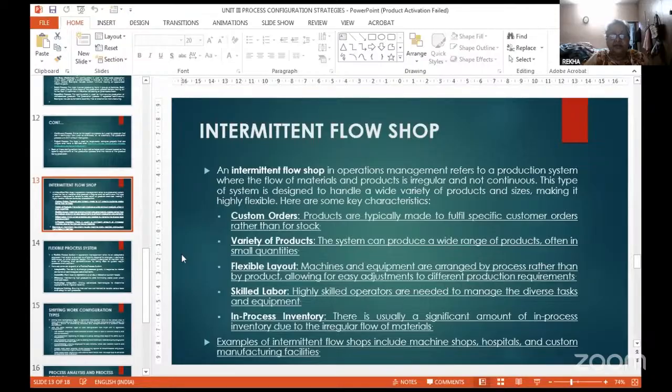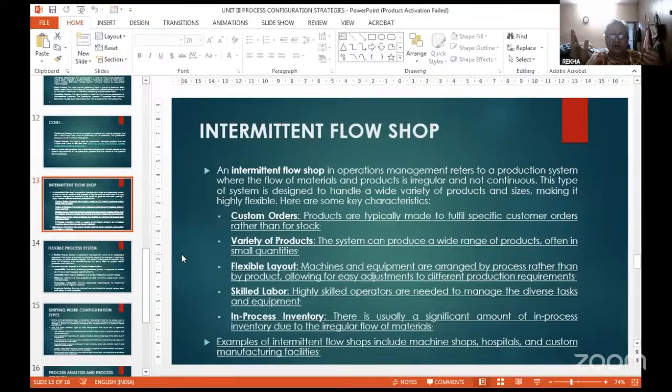Variety of products. For example, a tailor works intermittently. Maybe at some time, if some festival is coming, the demand for stitching rises. Maybe there's some time when it is slack. Variety of products.